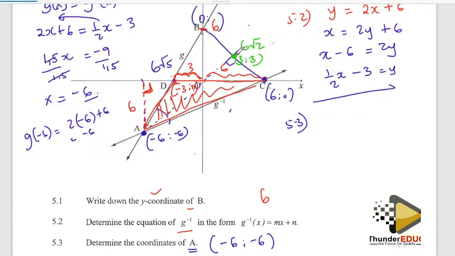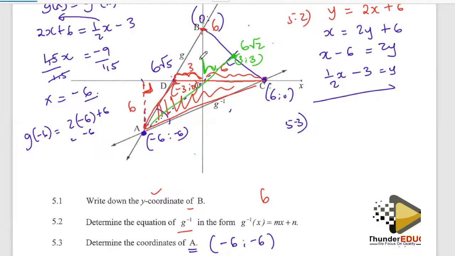And then if we get this distance as our height, let's see, okay. So the square root of 3 minus negative 6, which is 9 squared, plus 3 minus negative 6, which is also 9 squared.